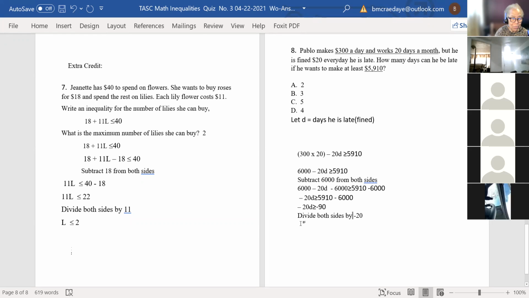Divide both sides by minus 20. So let's take this inequality and put our minus 20 as a divisor on both the left and right side. So put the minus 20, and minus 20.